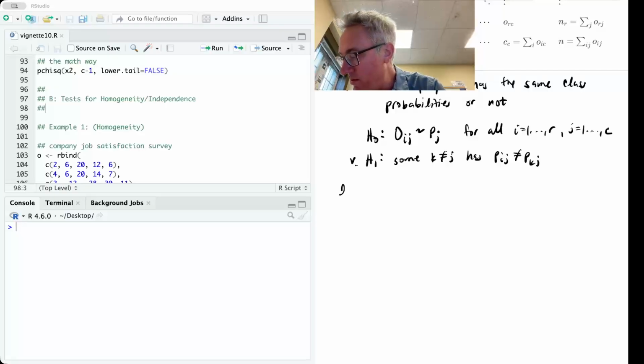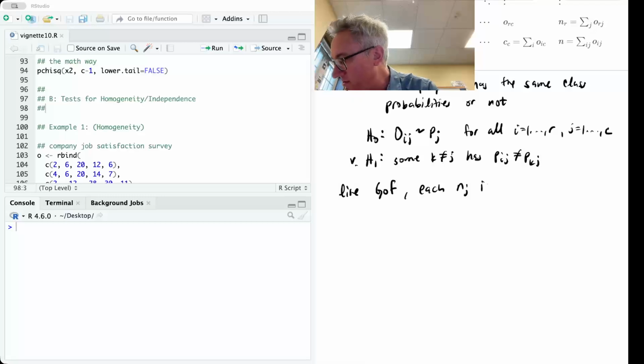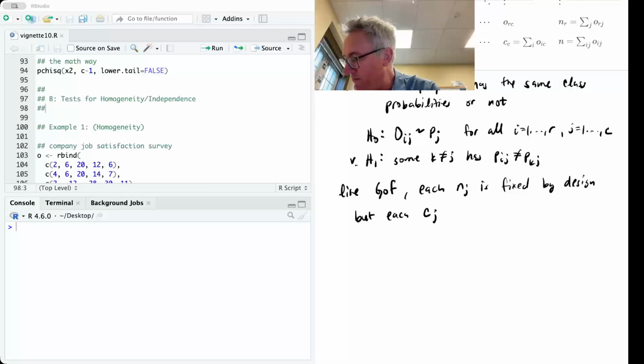Like in the goodness of fit test, each row size is fixed by the data collection or by the design of the experiment, but each column total, because the observations themselves are random, so these are the column sums, is random.